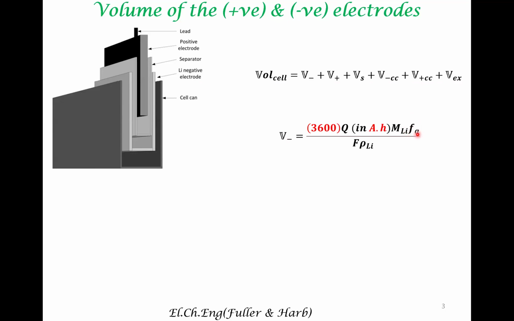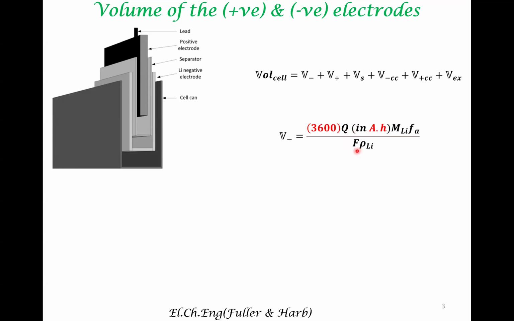A refers to the anode design factor. This is a term that specifies the mass of lithium that is over and above what is required for a specific capacity. The rest of it is just from Faraday's law.